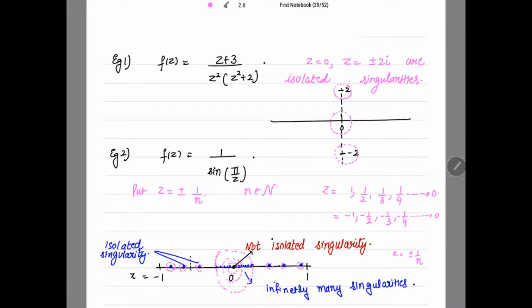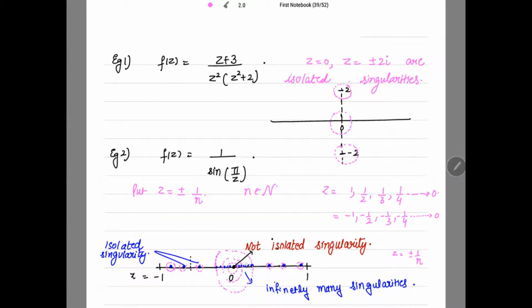So infinitely many singularities accumulate near the point 0. So obviously, if you draw any neighborhood of 0, there must exist other singularities in that neighborhood. So we say that 0 is not isolated. So 0 is not an isolated singularity, but the other blue colored ones are isolated singularities.